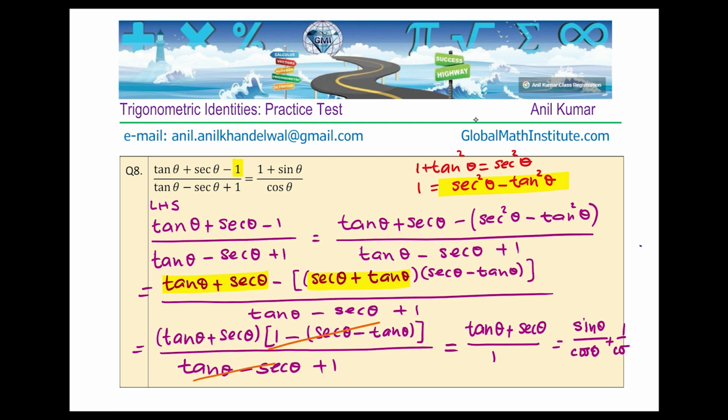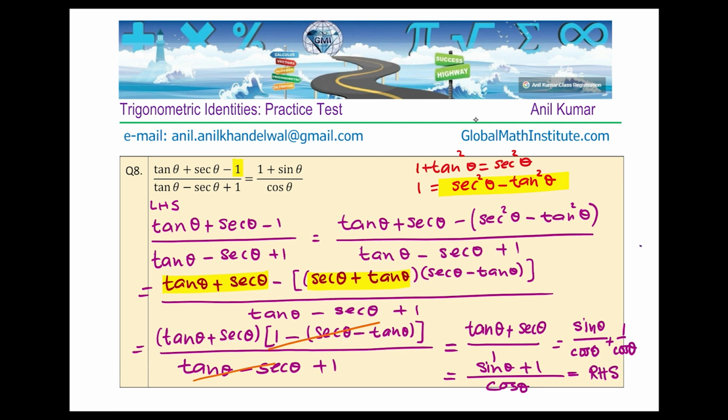One over cos theta. And that is equal to the right hand side. As you can see, we have cos theta as common, and in the numerator we have sine theta plus 1, and that is the right hand side.